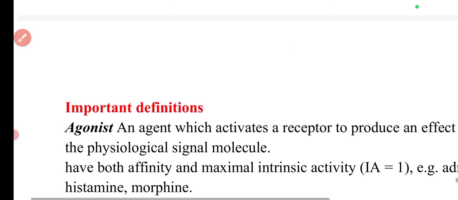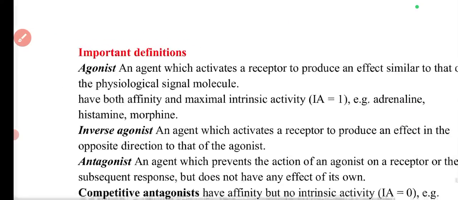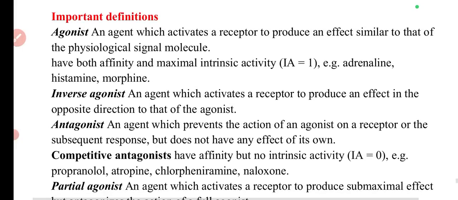So with this question, we are done with the MCQ part of the initial topics. Now I have added a few of the definitions which are very important from the examination point of view. A few we have already covered in the questions, and a few you can check here. So the first definition is regarding the agonist.